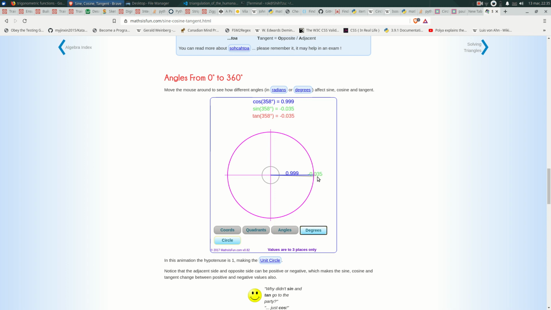I guess that's 1. Also that's 1. So those are the parts of the thing, and I guess the tangent is this line.